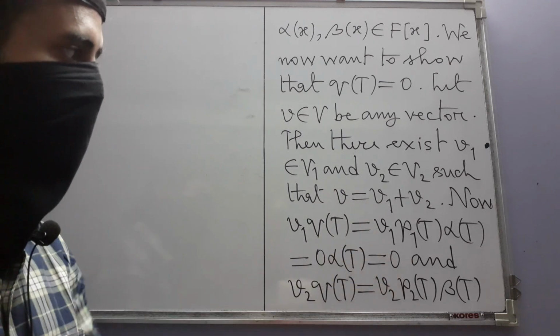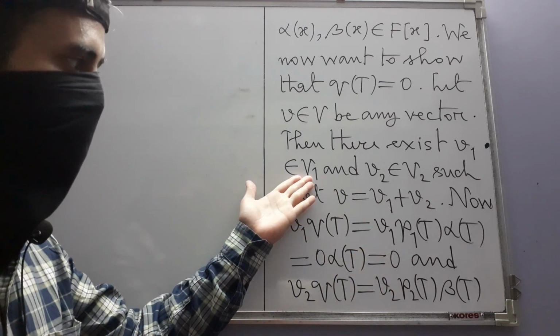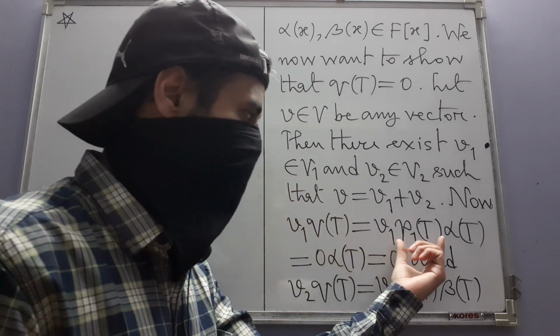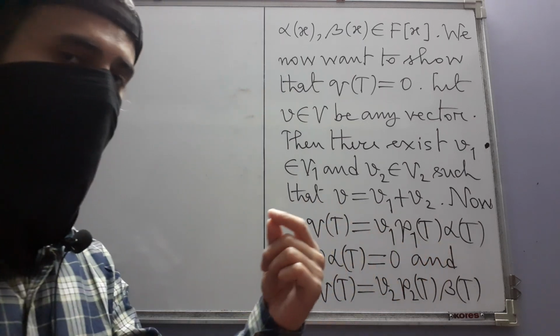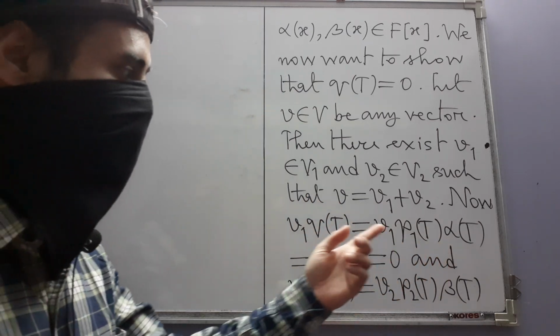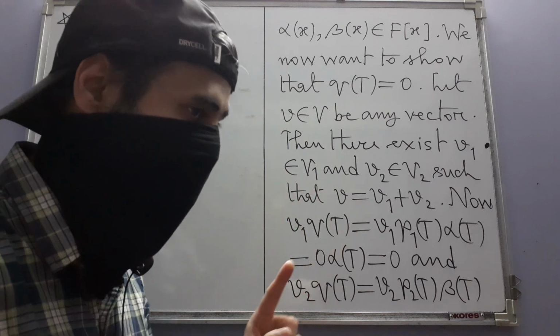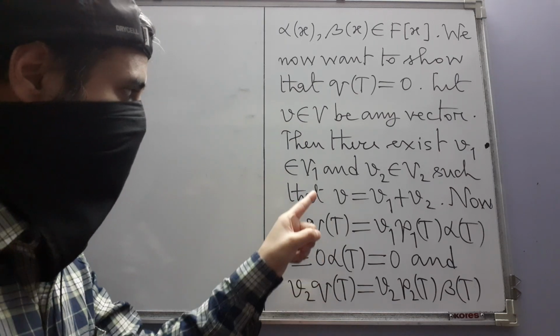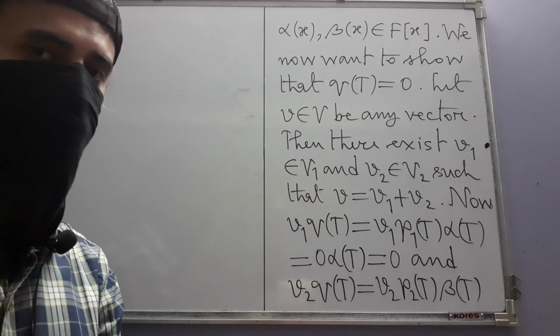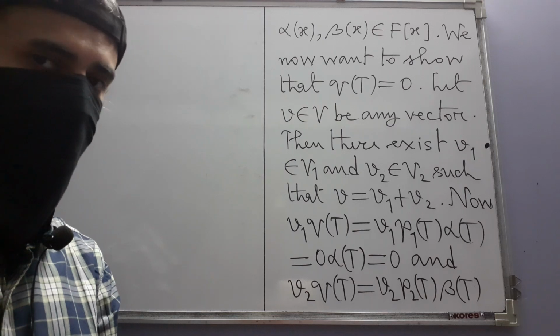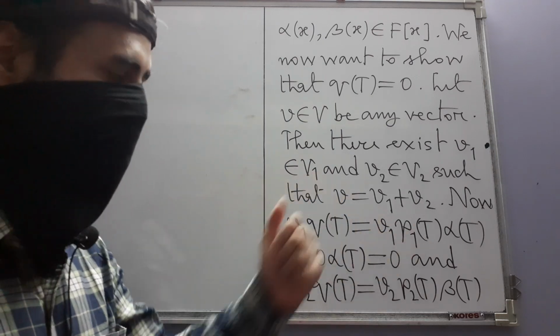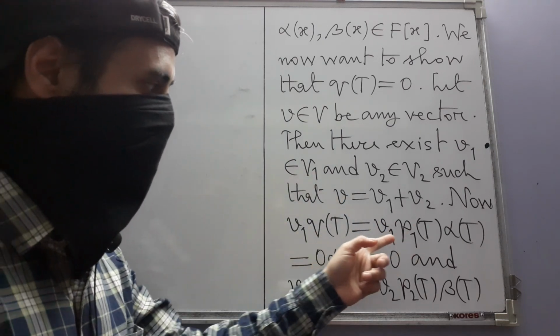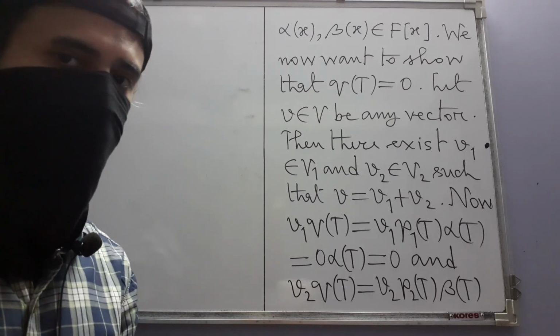And where is V1 coming from? V1 is coming from V1. So in place of P1 of t, you actually are having the restriction of P1 of t on V1. Because V1 is invariant under t, so V1 is also invariant under P1 of t.